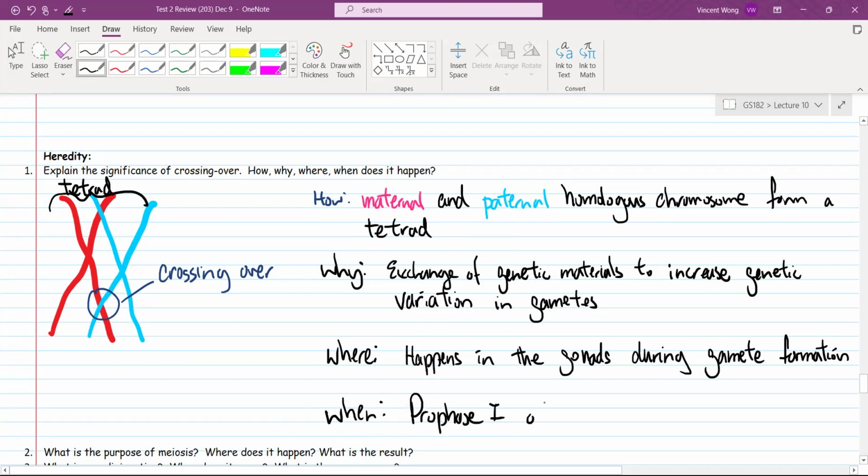Prophase 1 of meiosis. So remember afterwards, right? The red's gonna have a bit of blue and the blue is gonna have a bit of red, right? That's basically what.